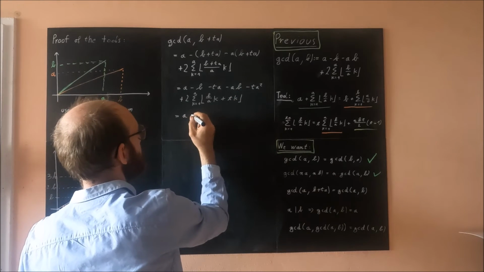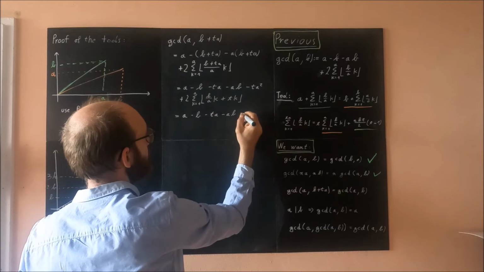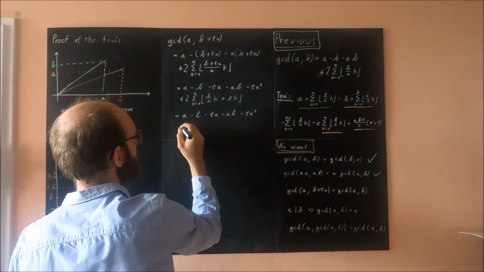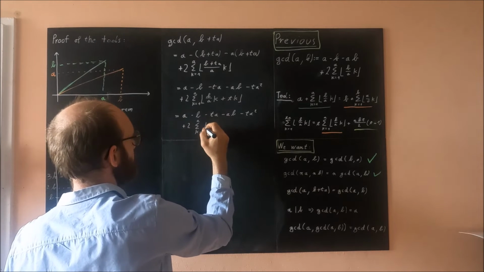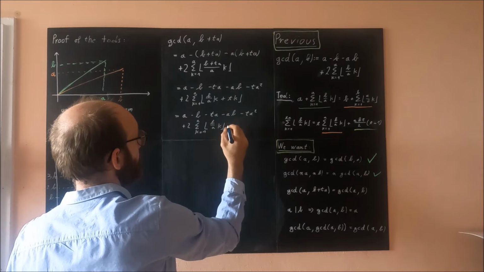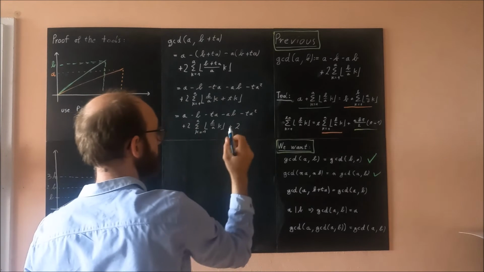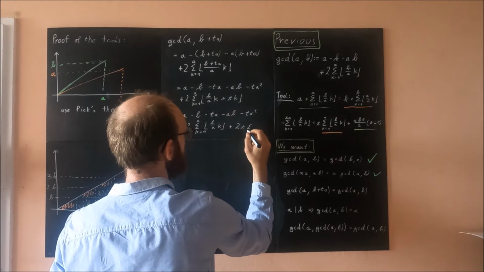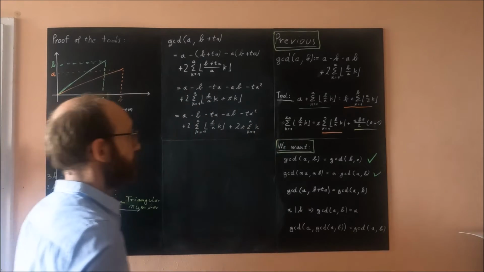So we have a minus b minus ta minus ab minus ta squared plus 2 times the sum where k runs from 1 to a of the floor of b over a times k, plus 2 times the sum, t is not depending on k, 2t times the sum where k runs from 1 to a of k.